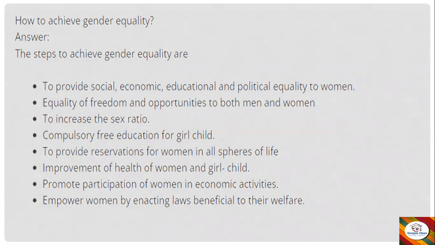Answer: the steps to achieve gender equality are to provide social, economical, educational and political equality to women, equality of freedom and opportunities to both men and women, to increase the sex ratio, compulsory free education for the girl child, to provide reservations for women in all spheres of life, improvement of health of women and girl child, promote participation of women in economic activities, empower women by enacting laws beneficial to their welfare.